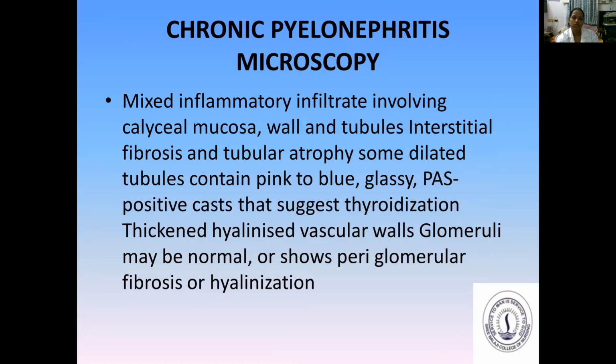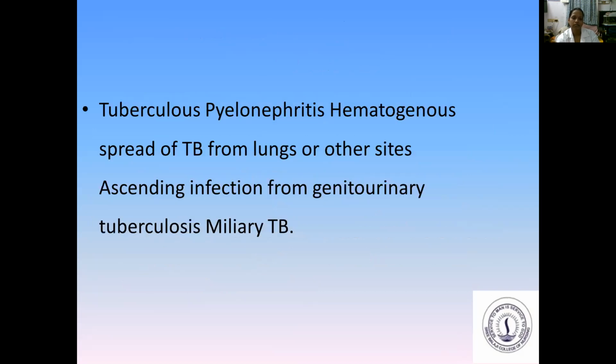Some dilated tubules contain pink to blue, glassy, PAS-positive casts that suggest thyroidization. There are thickened, hyalinized vascular walls, and glomeruli may be normal or show periglomerular fibrosis or hyalinization. Next, tuberculous pyelonephritis: hematogenous spread of TB from the lungs or other sites, or ascending infection from the genitourinary tract, that is tuberculous miliary TB.